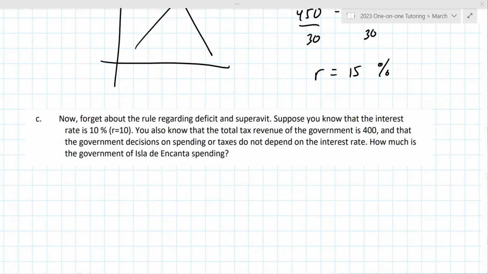Okay. So we know that we can calculate the, how did we do this in the other problem? I'll just go back and look at that as well.